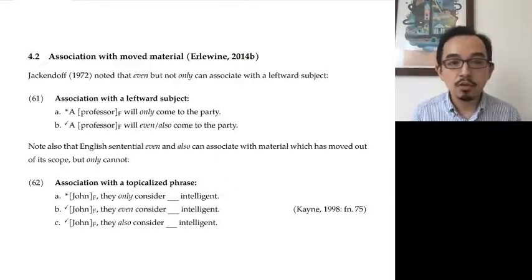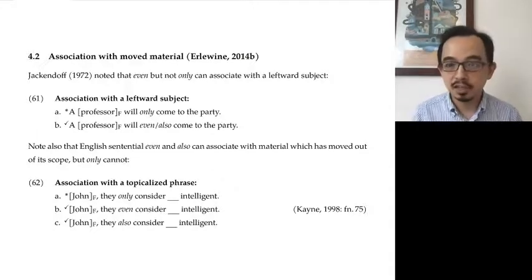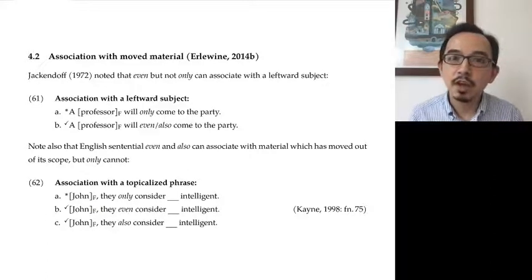In 62, John they only consider intelligent, to mean they only consider John intelligent, is bad, but John they even consider intelligent is good, as noted by Kane in a footnote. Or John they also consider intelligent. Those are fine. So again, we have both of these puzzles.